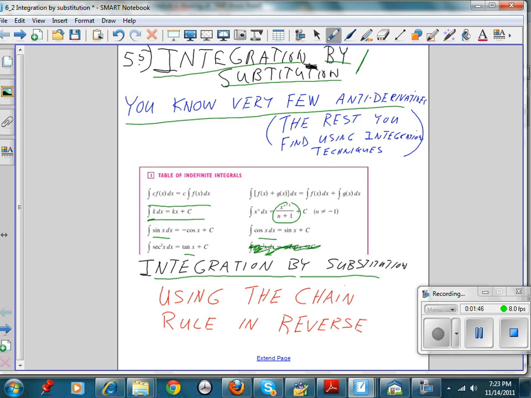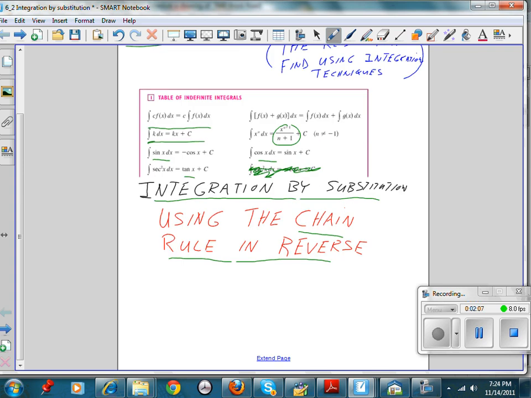Again, we know a lot of integration techniques come about from the fundamental theorem of calculus. For every derivative rule, there is typically an integration rule. So what's one of the derivative rules? It's the chain rule. Okay, so maybe we should write down what the chain rule was.